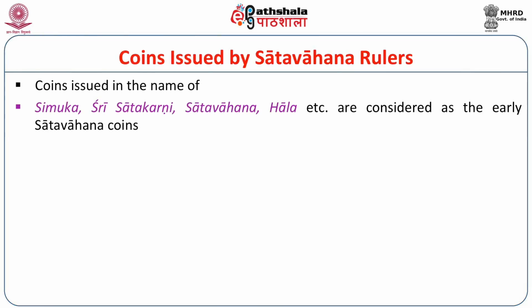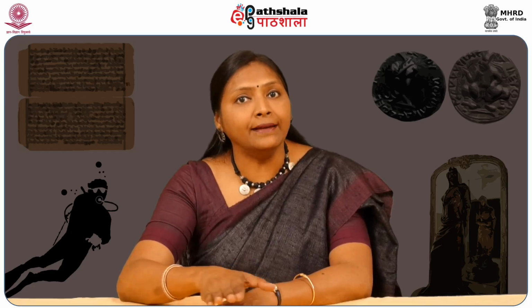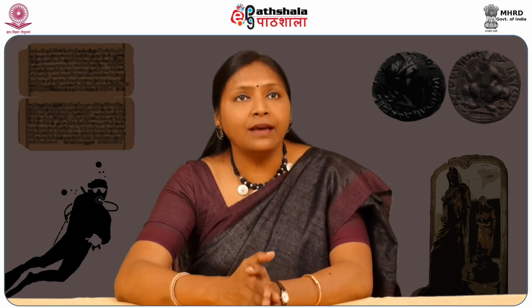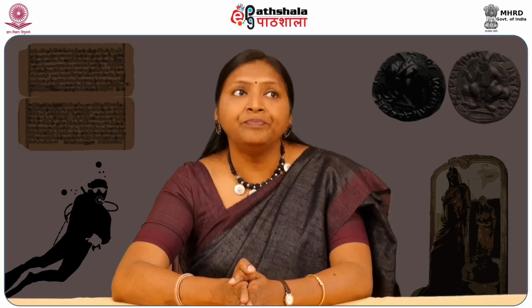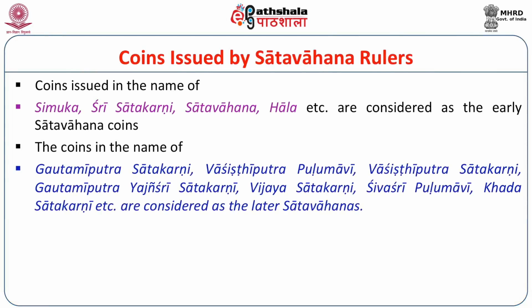Coins issued in the name of Simukha, Sri Satakarni, Satavahana and Hala are considered early Satavahana coins. So we have two phases, an early phase and a later phase. In the second phase, we have coins in the name of Gautami Putra Satakarni, Vashishti Putra Pulumavi, Vashishti Putra Satakarni, Gautami Putra Yagya Satakarni, Vijaya Satakarni, Shivasri Pulumavi, Khadak Satakarni, etc. These are the later Satavahanas.